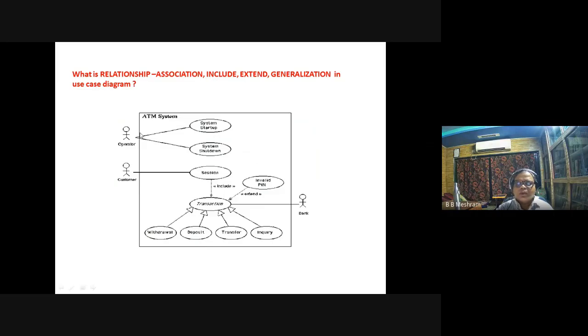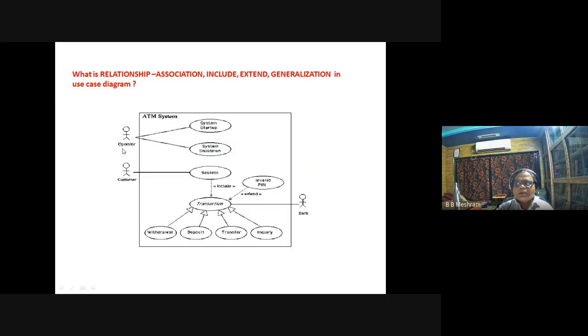So ATM system is the system which is enclosed into the boundary. So system is represented by the boundary, operator and customer. They are primary actors. Bank is a secondary actor. Therefore, it is placed at right hand side.